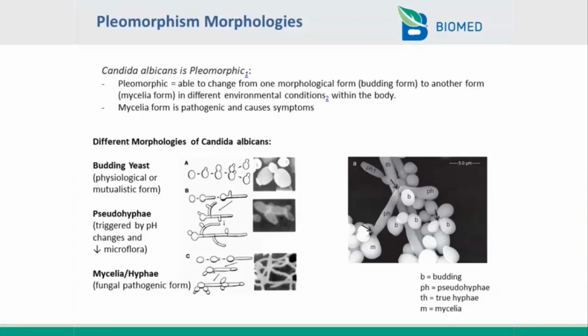So Candida then, the Candida albicans, it's different morphologies. So in its physiological form, or this mutualistic symbiotic form that exists in healthy numbers within the body, it's in this budding yeast form.